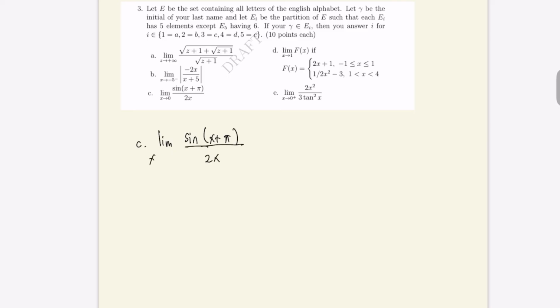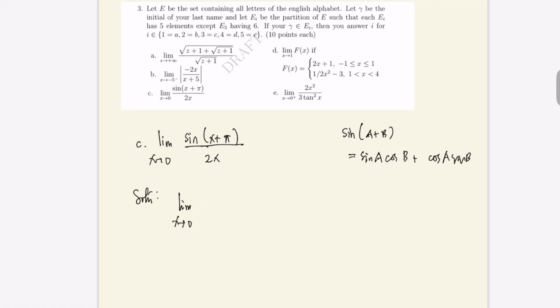as x approaches 0. So what happens here with sine of x plus pi? Let's recall the sine identity: sine of a plus b is equal to sine of a cosine of b plus cosine of a sine of b.